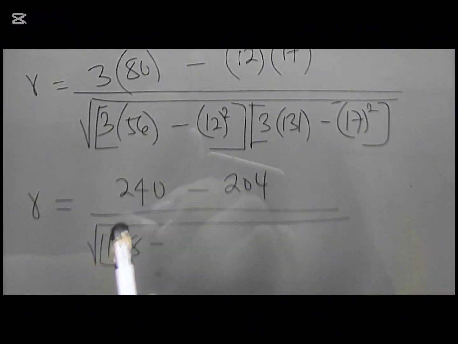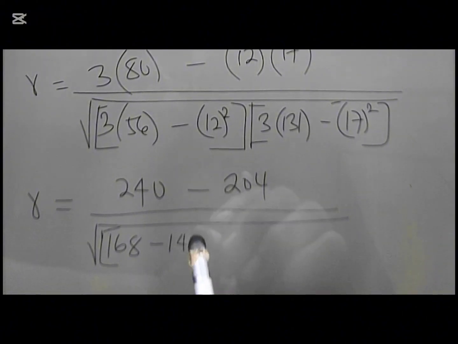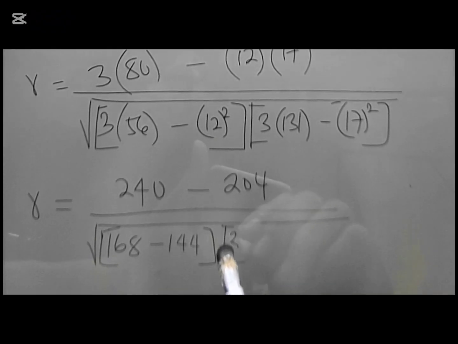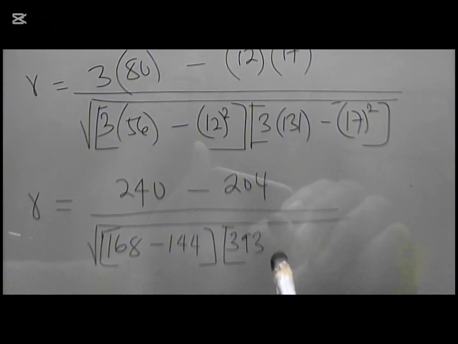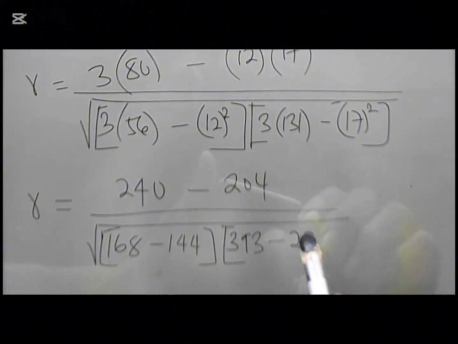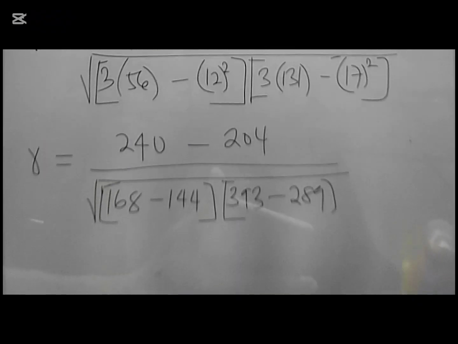Minus, please take note, 12 all squared will give us 144, into 3 times 131, which is 393, minus 17 all squared, that is 17 times 17, which gives us 289. So let's evaluate totally here.